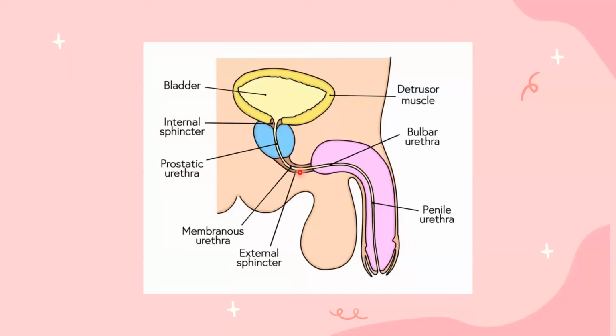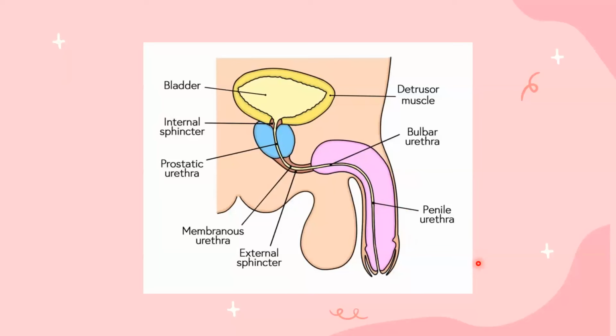Okay? After our membranous urethra, we have the spongy urethra or the penile urethra. So the spongy one is going to have a bulbar part and then a penile part. The bulbar part is going to be in the bulb of the penis, while the penile part is the actual penis that is extending. Okay? This is the longest part, and it averages about 15 centimeters in length.